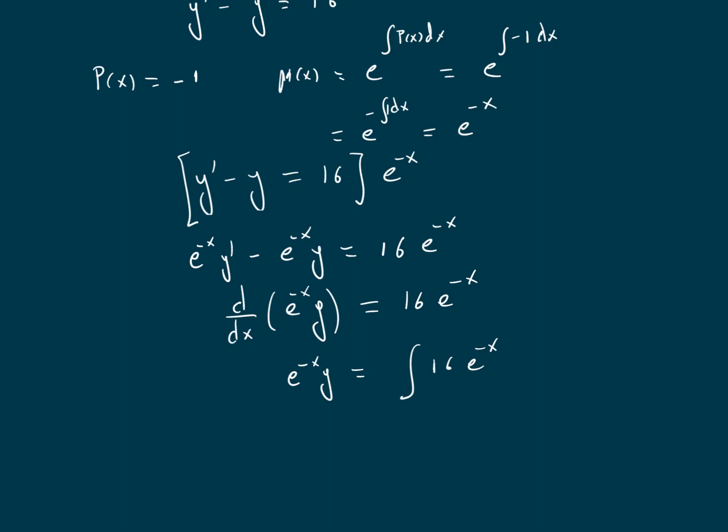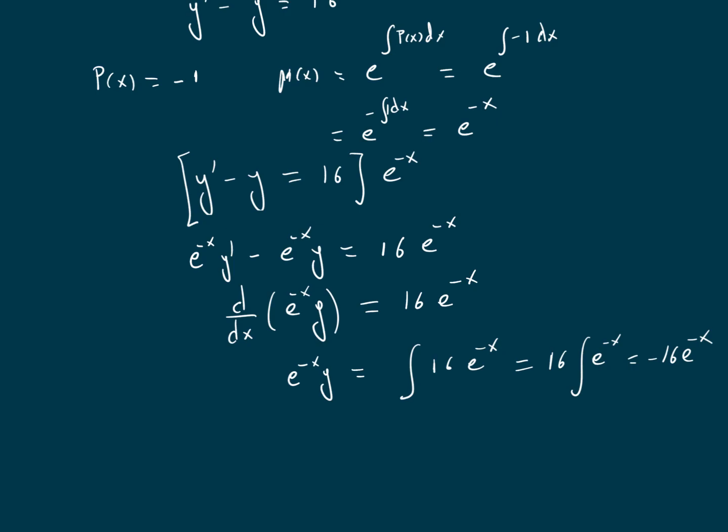So what will be at the end our final solution? Well, let's solve this integral: it is 16 times the integral of e to the minus x. The integral of e to the minus x is minus e to the minus x. So it will be minus 16 e to the minus x, because the derivative of minus e to the minus x is e to the minus x.